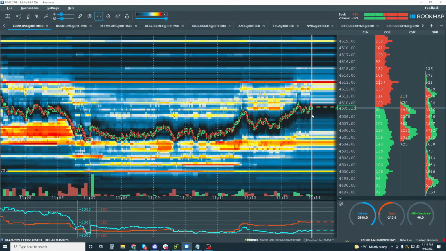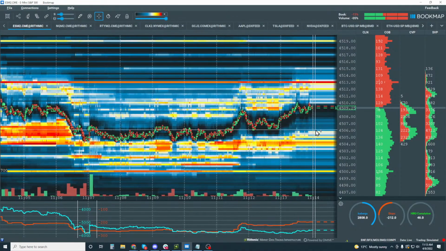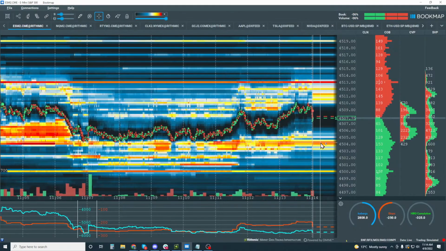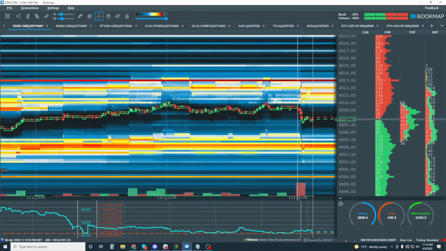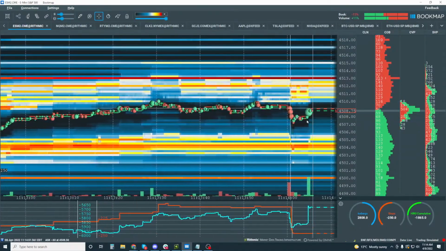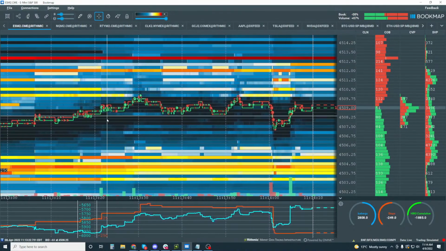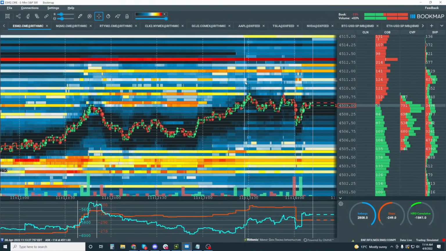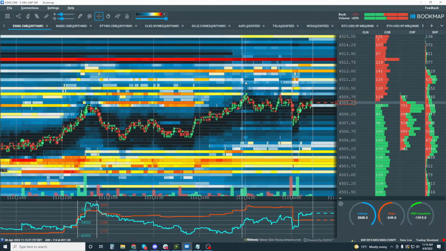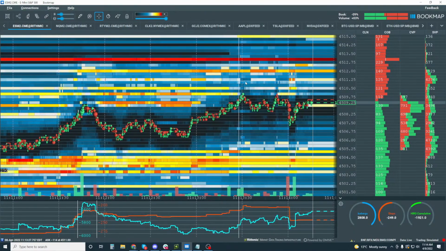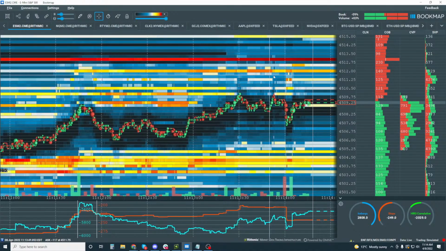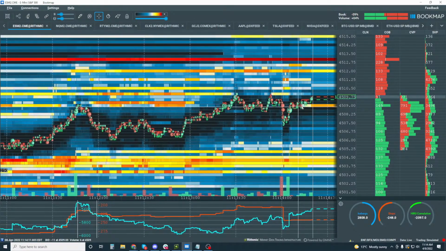Otherwise, if we see sellers here at 08, look for a move back down to 06 and maybe even 04. See how that just kept us out of this back and forth in here, just by understanding the order book, and kept us out of this slop to look for something that looks stronger, has more clarity to it.